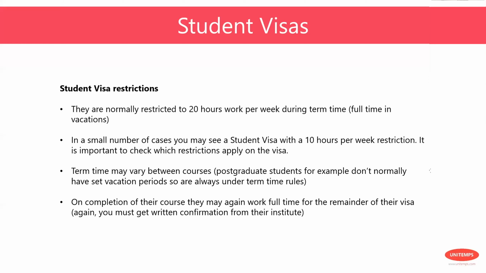And lastly, on completion of their course, they may again work full-time for the remainder of their visa. And again, you would need to get written confirmation from their institute to prove that they have successfully completed. That can be a bit fiddly to get, because the point that someone's completed can be a little bit confusing.